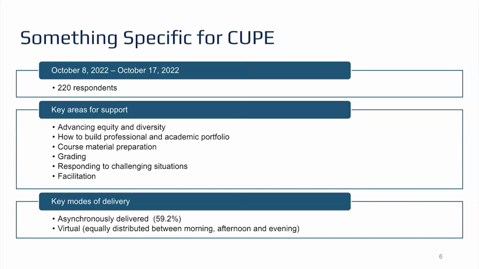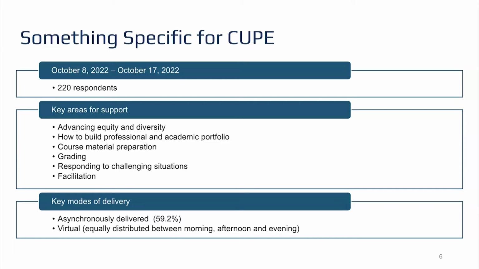Some of you may have been around and participated in this survey at the time, but it was incredible because, from your own work, that survey uptake is never really that huge, but we got a pretty good response, 220 respondents. And what we heard at the time was that in wanting professional development, there were some key areas for support that CUPE wanted.